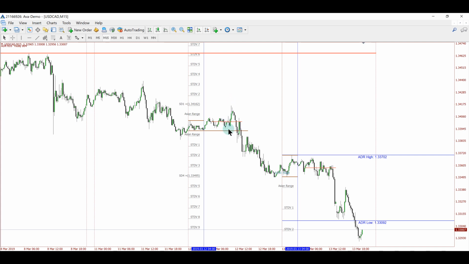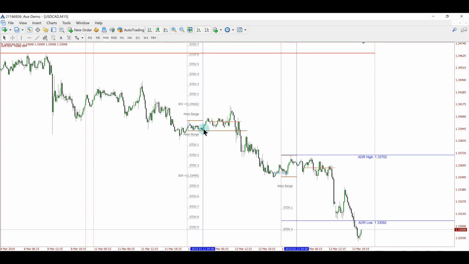In this instance, if you want to be expecting the Judas swing to form, how much market protraction should take place? You can obviously see during this particular day, Tuesday, yesterday, we had a nice consolidation during the Asian range, unlike what we saw here on the central bank dealers range.